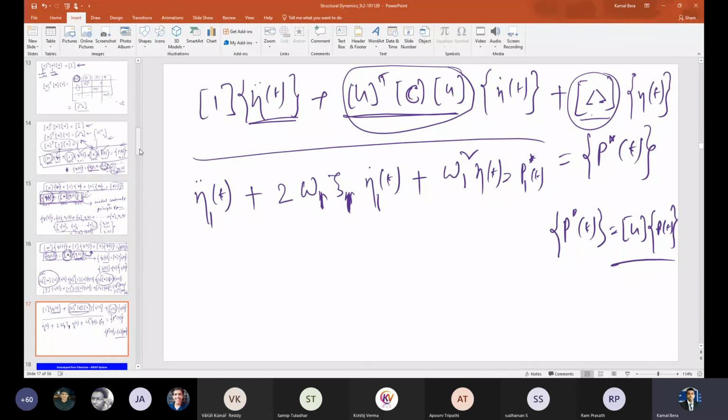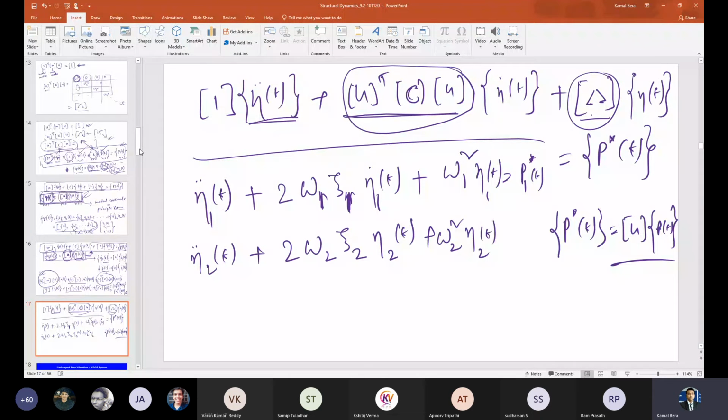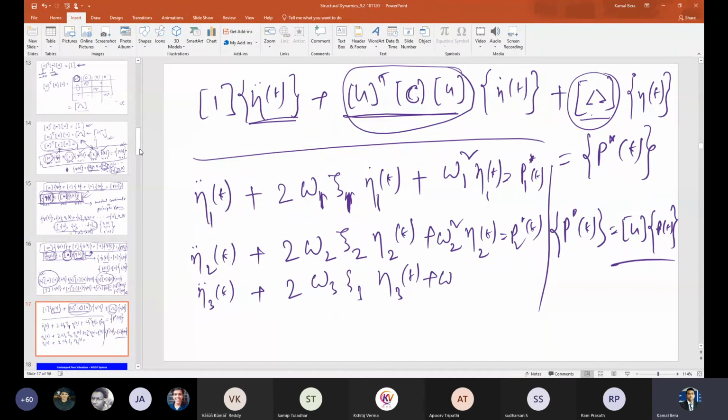is equal to the first component, that is p1 star t. That is the first equation. Second equation: eta 2 double dot t plus 2 omega 2 zeta 2 eta 2 dot t plus omega 2 square eta 2 t equals p2 star t. Third equation: eta 3 double dot t plus 2 omega 3 zeta 3 eta 3 dot t plus omega 3 square eta 3 t equals p3 star t.